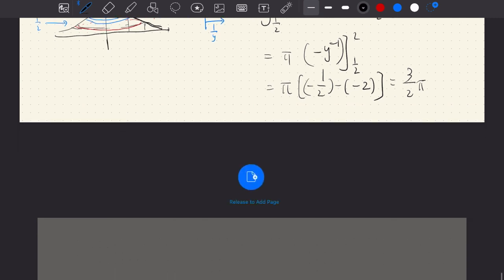Okay, so for the last problem, we have Gabriel's horn, which is constructed by revolving the curve of y equals 1/x, where x is greater than or equal to 1, around the x-axis. If we plot it on a Cartesian plane, you can see that this is (1, 1).